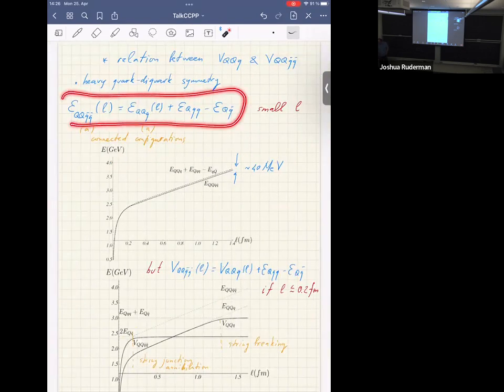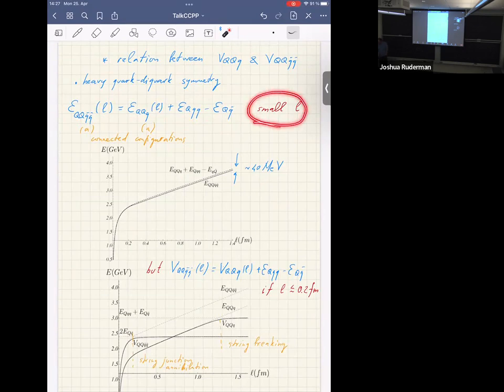Indeed, for the 4-quark system and the 3-quark system, there is only a shift due to the baryon and meson, and this is well defined because it doesn't depend on the heavy quark masses. It's really one minus another, and due to the symmetry, it's valid only for small separations. It's possible to check this relation numerically in the model I'm using, and see that indeed for small separation there is perfect agreement, but then there is a gap between the two. But this gap is not very big, of order 40 maybe.